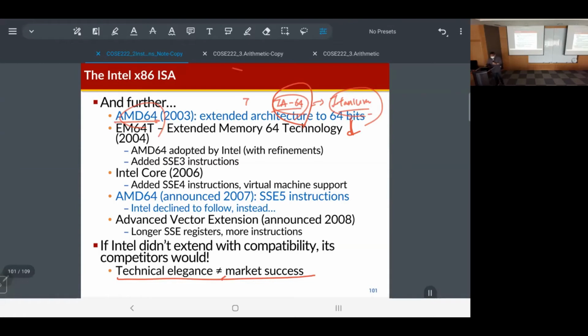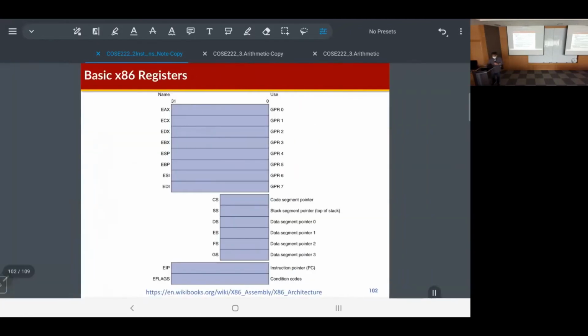Because the market is selected by customers, customers selected some compatible CPUs like AMD64. This slide shows the basic x86 registers. In the RISC-V ISA, we learned that RISC-V has 32 general purpose registers.